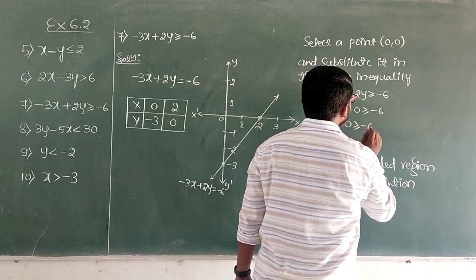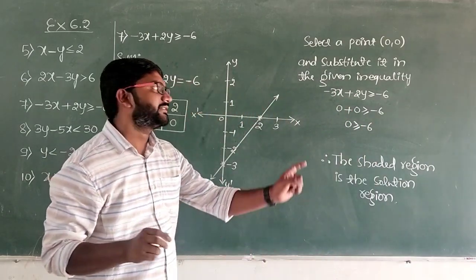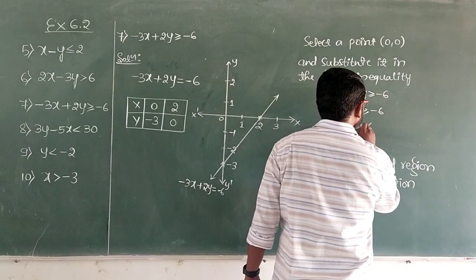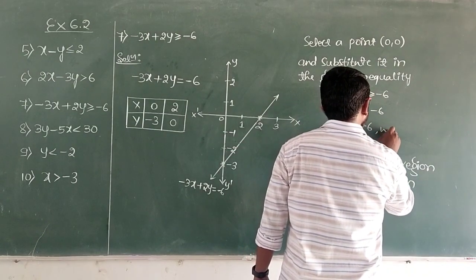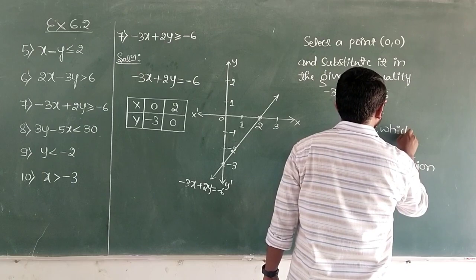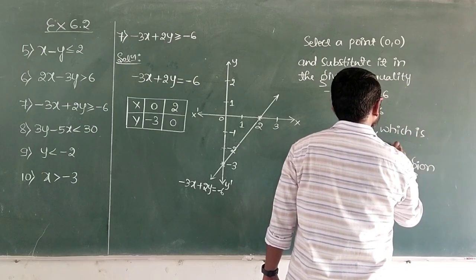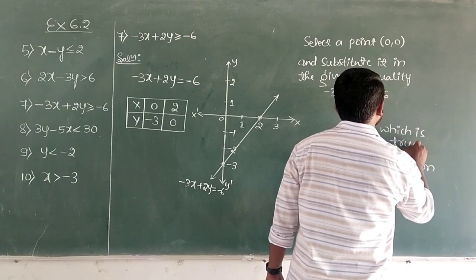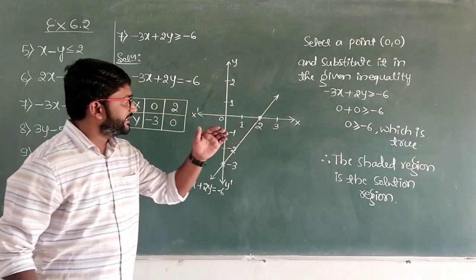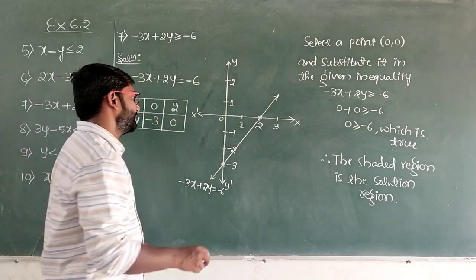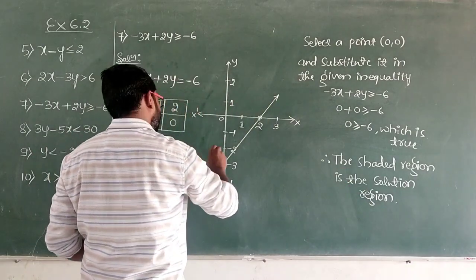Yes, 0 is always greater than minus 6. Yes, it is true. So whenever it is true, we have to shade the region towards the origin. This portion we have to shade.